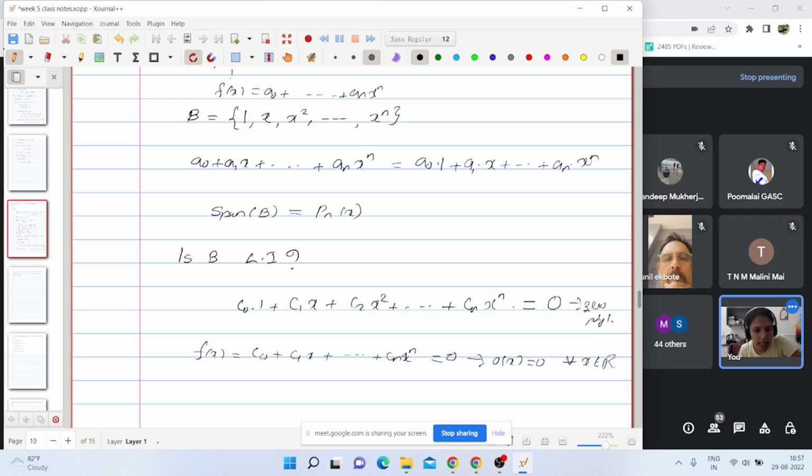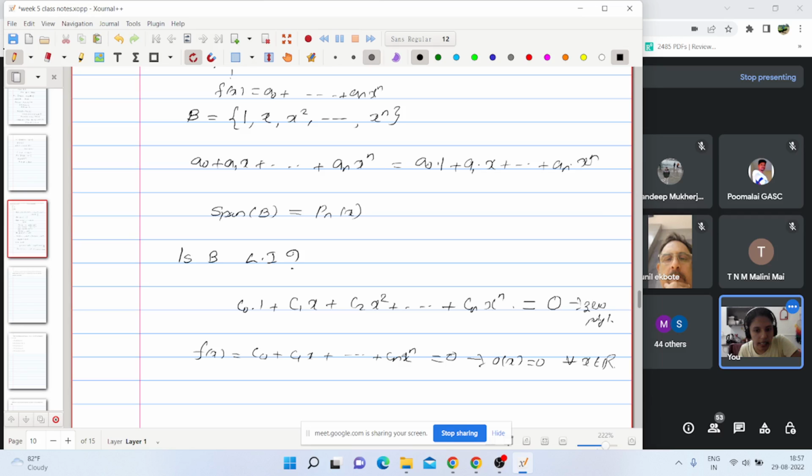That implies any x in R is a root, or zero, of the function f of x. Is this clear?